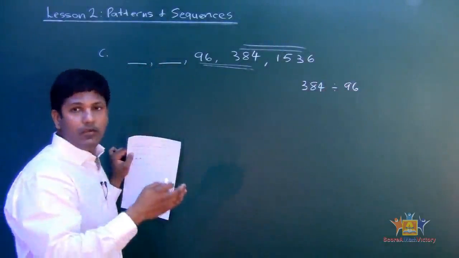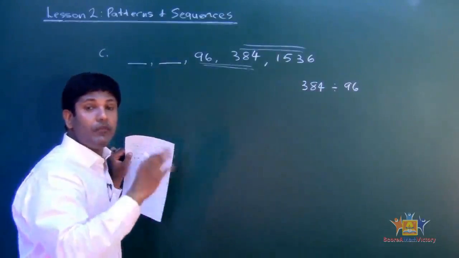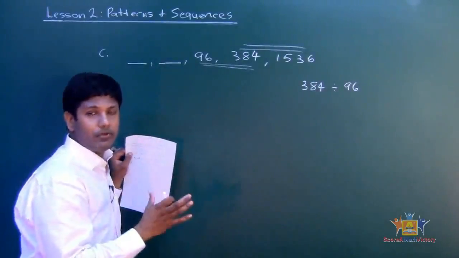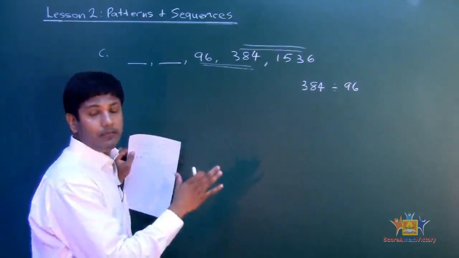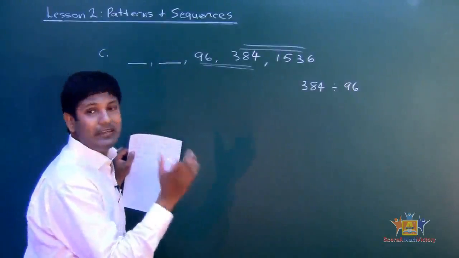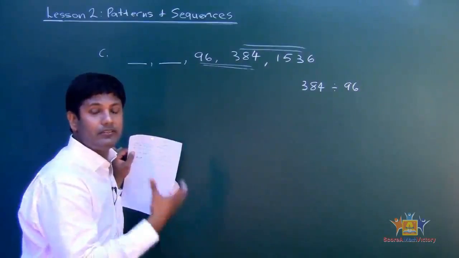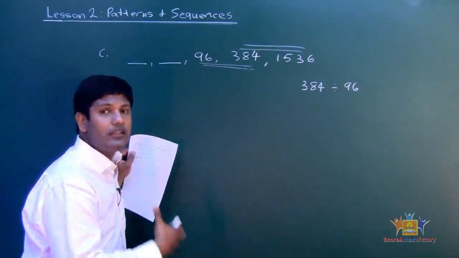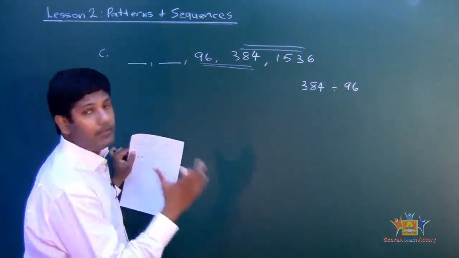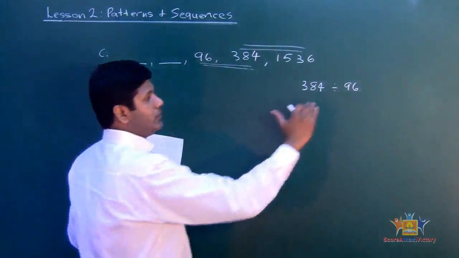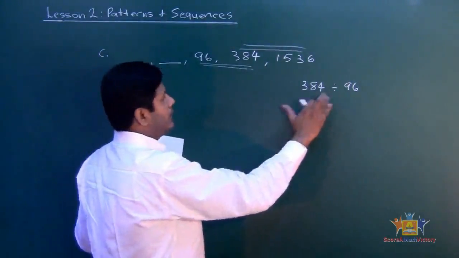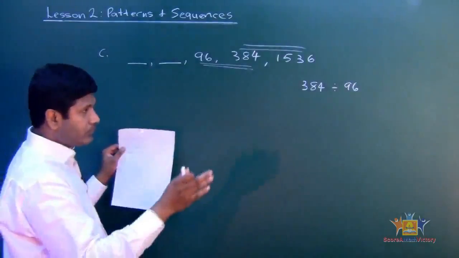Do you notice that? With addition and subtraction, we used the subtraction approach. With multiplication and division, we're going to use the division approach. Alright? Okay, now let's do it.